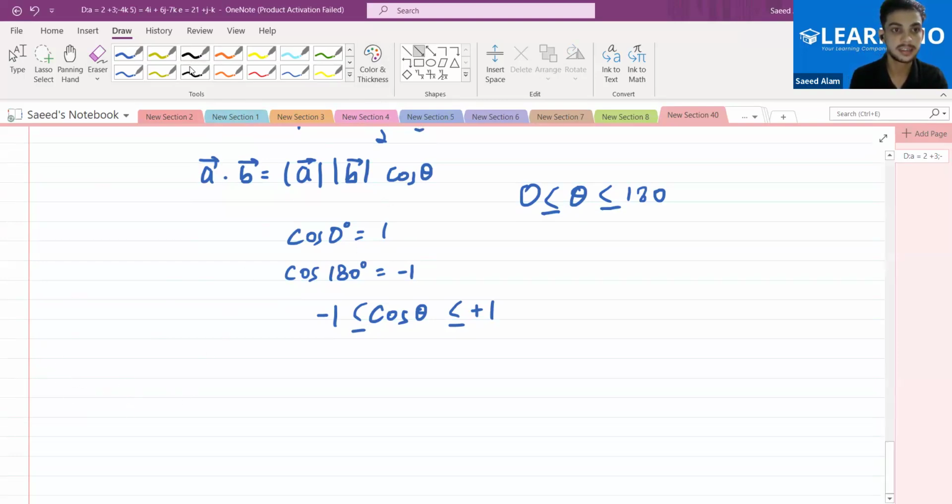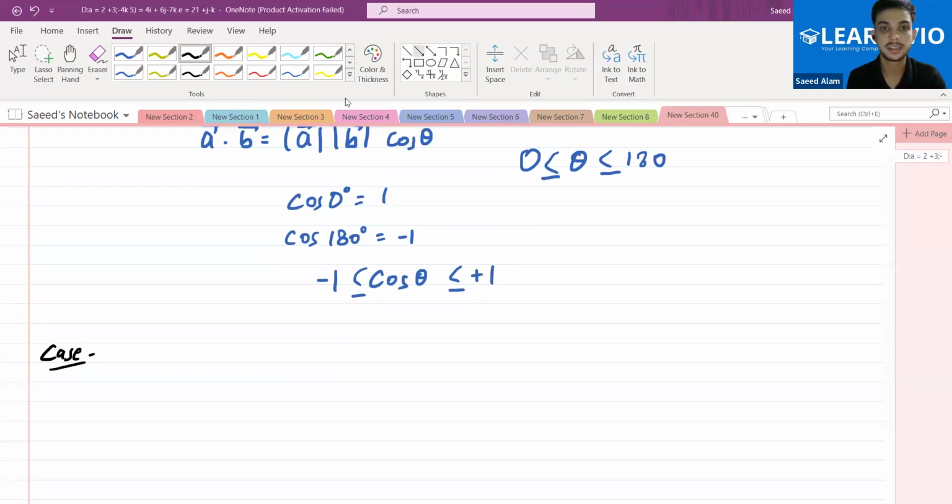So let's take some cases here of how two vectors can be placed. Let's say two vectors are given to you. One is the vector A like this, and another vector B is kept just parallel to it.